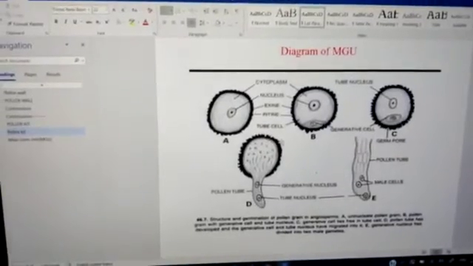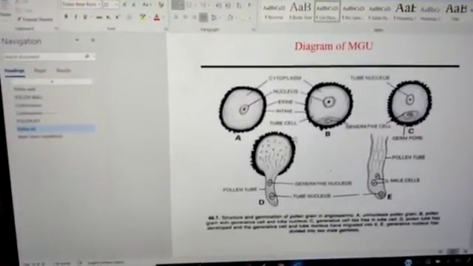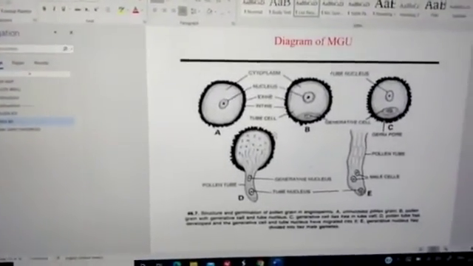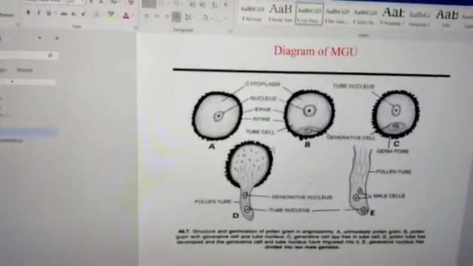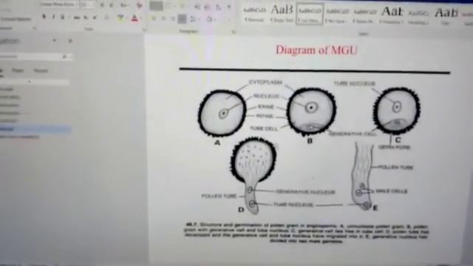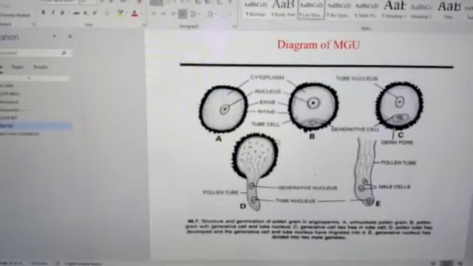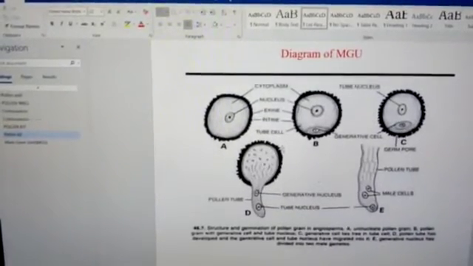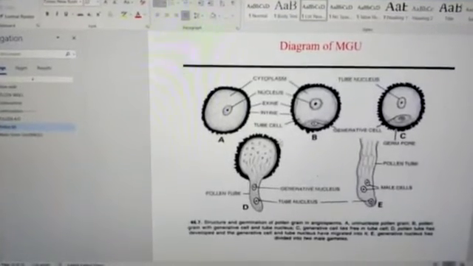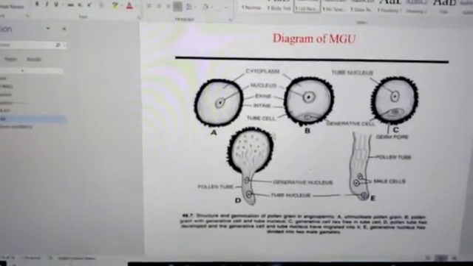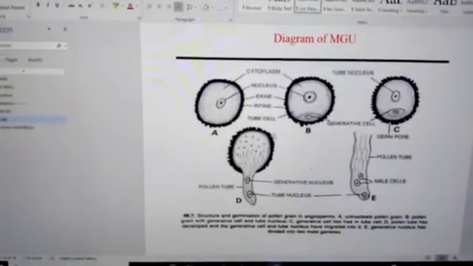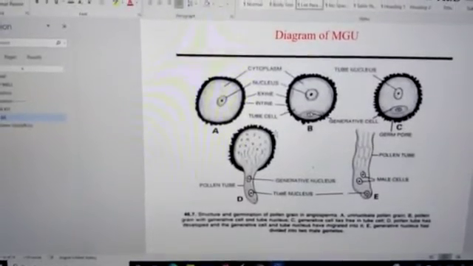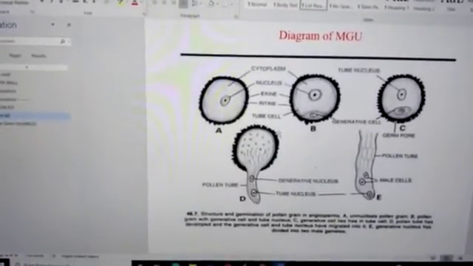At the stigmatic surface, the pollen germinates to give out the pollen tube through one of the germ pores, and the generative cell divides into two male gametes. This pollen tube contains the tube nucleus and the generative nucleus.